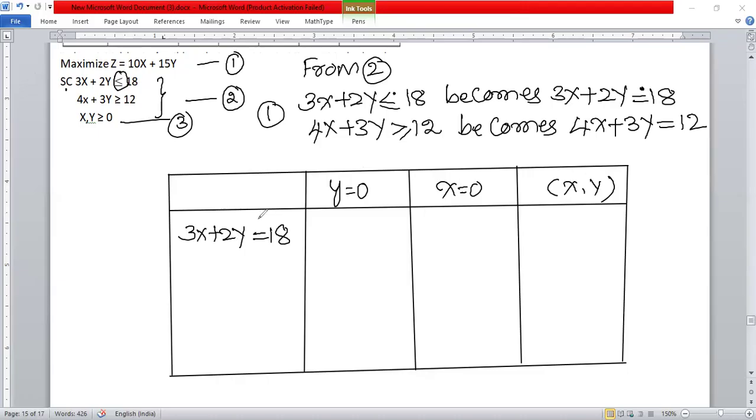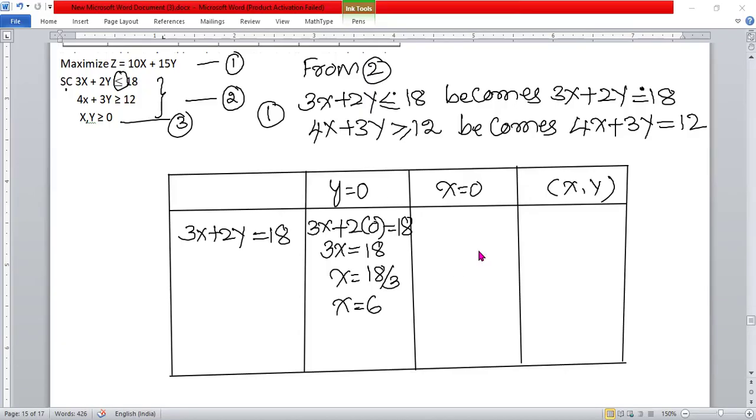In this equation, put y is equal to 0. So 3x plus 2 into 0 is equal to 18. Finally, 3x is equal to 18, so x is equal to 18 by 3, so x is equal to 6.